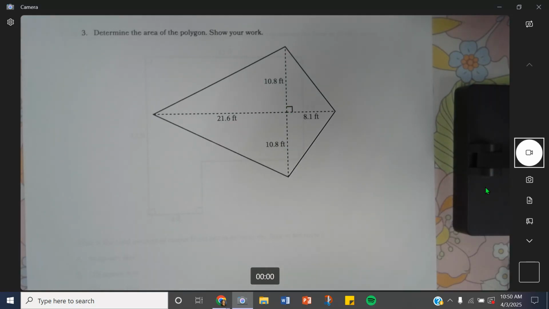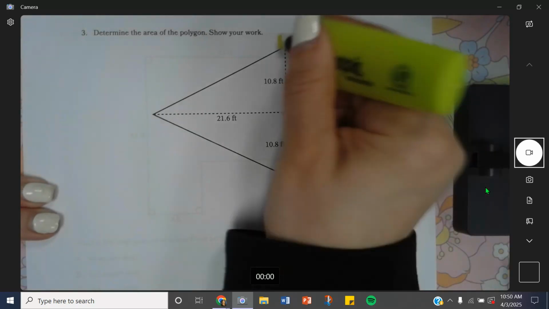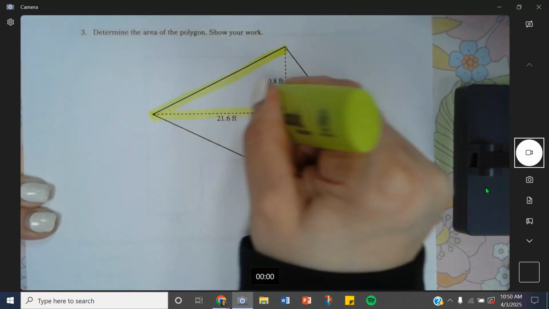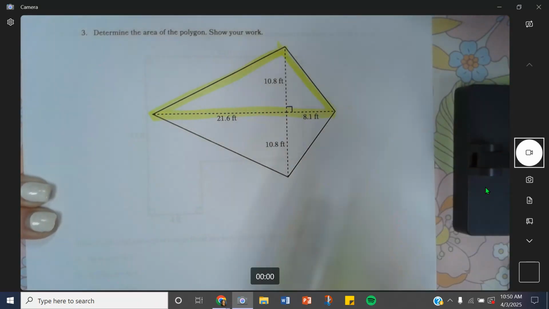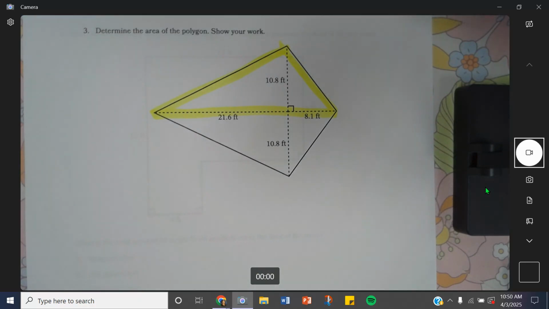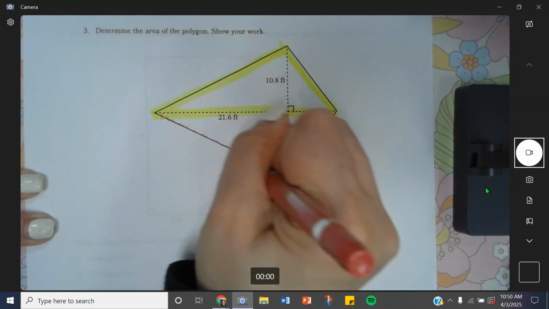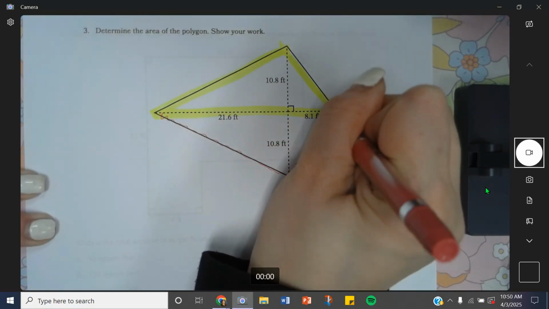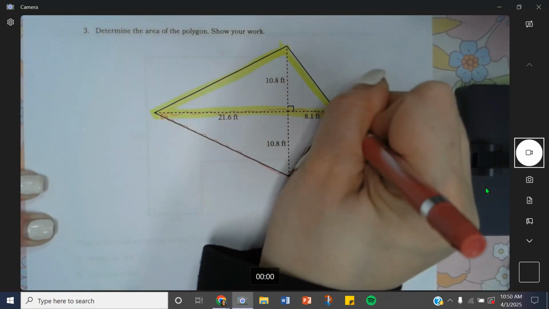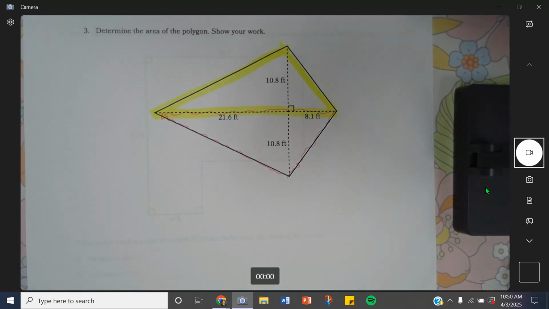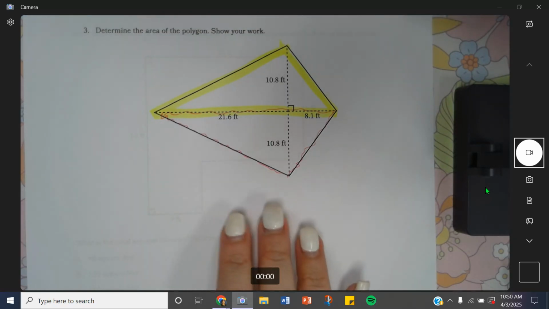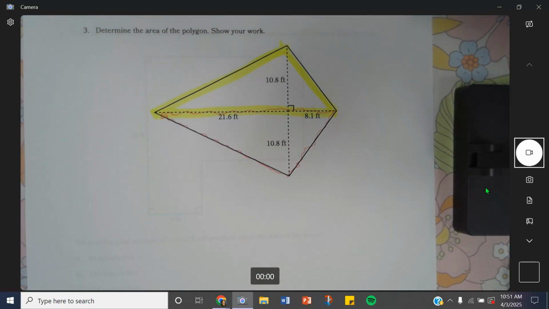Okay, so I have one triangle here, and then I have another triangle there. So we're going to split this up into 2 triangles, solving for the area of both triangles and then combining them.